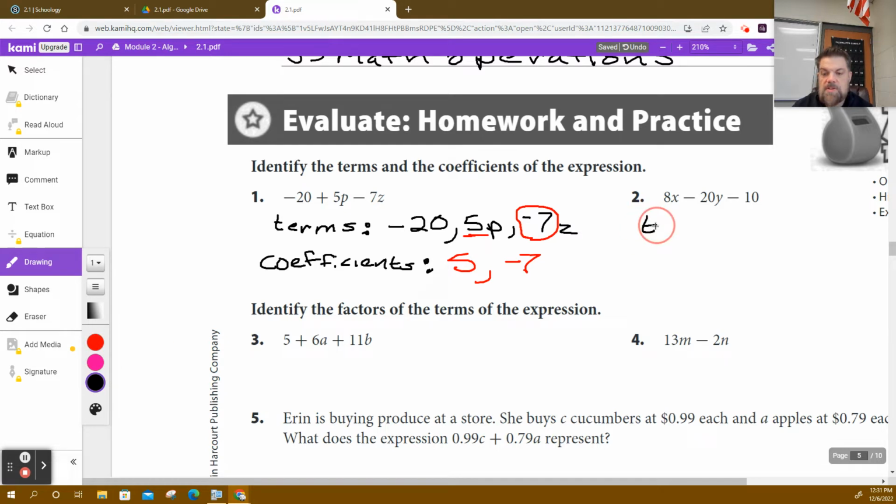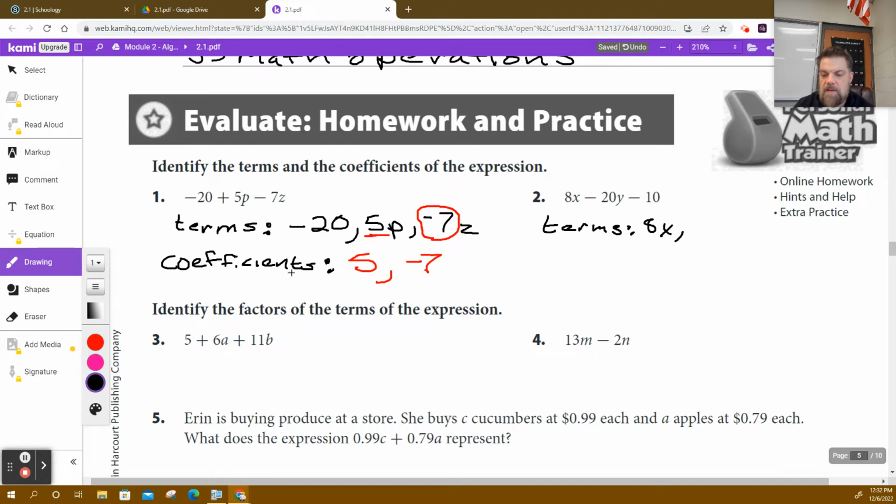Over here, what are the terms? 8x is one of them. What else? 20y. You're half right. Negative 20y. Yep, negative 20y. And then what else?